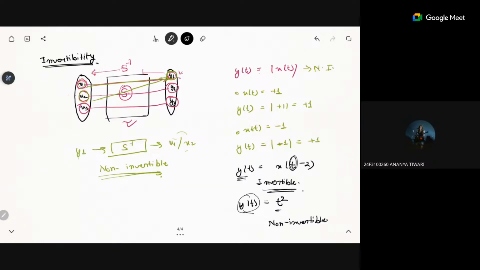So this is the criterion to check whether a system is invertible or not. Now coming back to the invertibility of LTI systems.